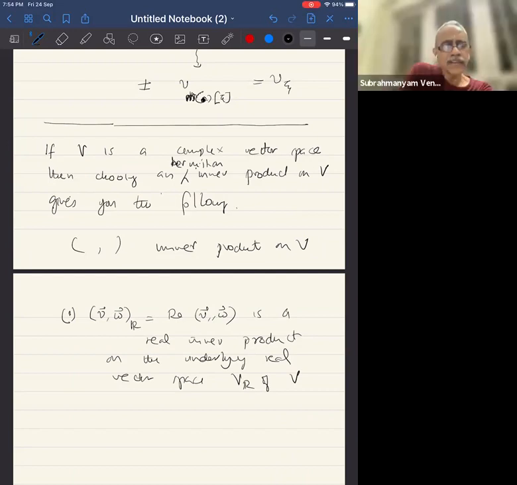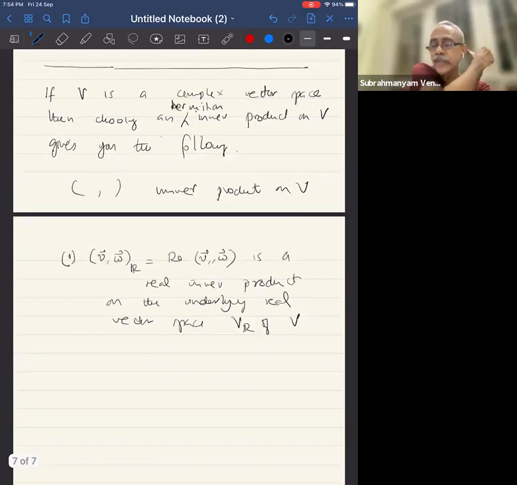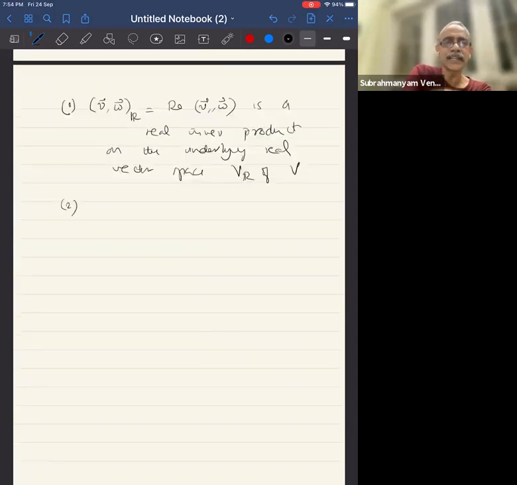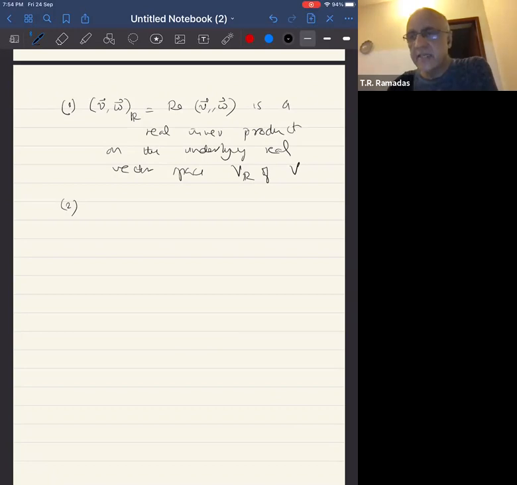Okay. So the left-hand side is thinking of v and w as sitting in a real vector space. Exactly.